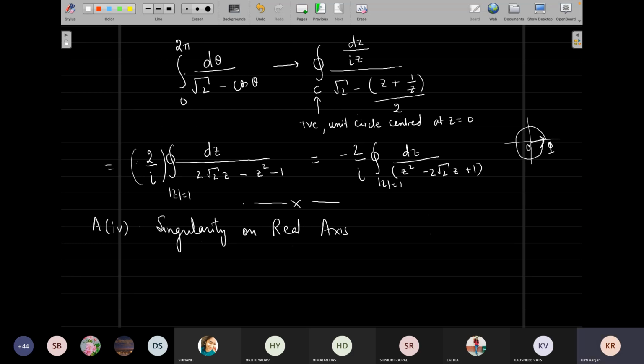Now, this kind of problem, either we have the real singularity or we may have an apparent singularity, but somehow we have singularity on the real axis and we want to solve problems like this. Now, in these problems, it is possible that I may not be getting the actual integral value anytime. What do I mean by that? I will be solving surely for the Cauchy principal value.